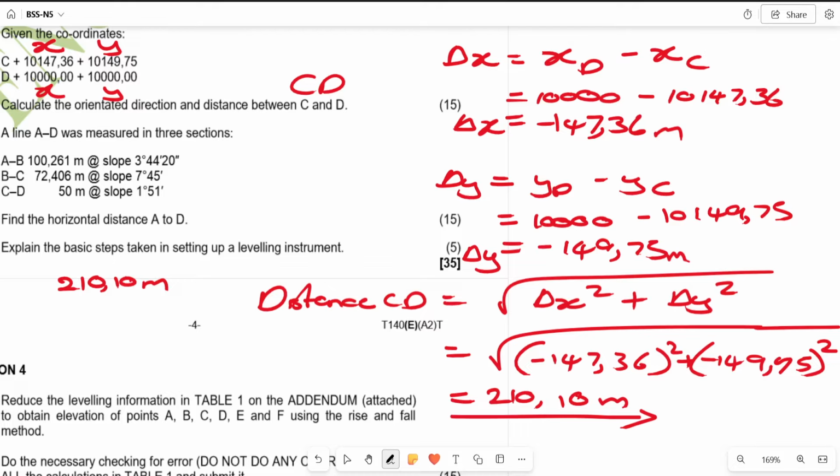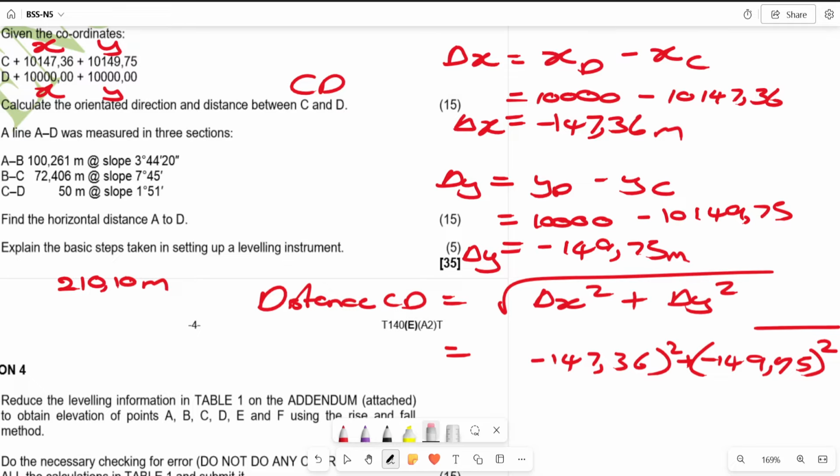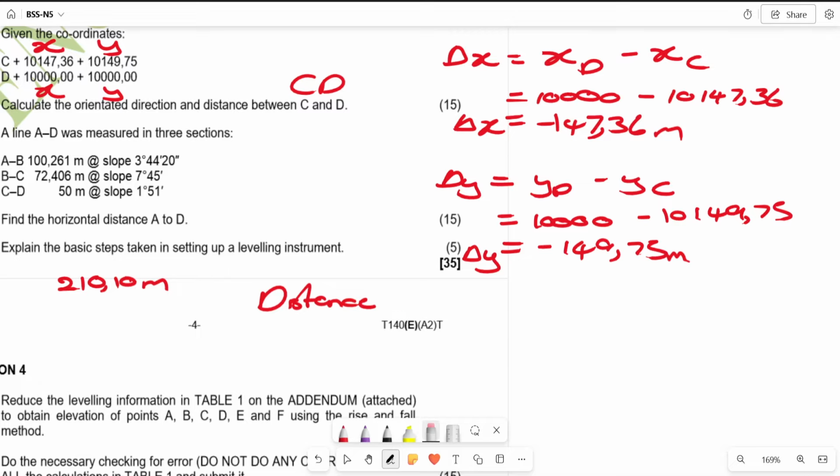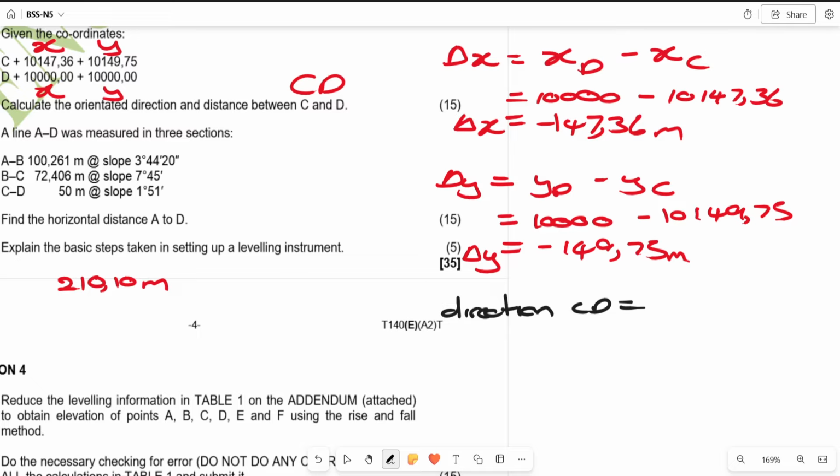That is going to be the distance, and we don't stop there. Now, what we need to do is to calculate the direction. And this is like grade 10, how you deal with vectors in grade 10. Very easy. Okay, let's go and find out our direction. Now, to find our direction, direction CD is equal to, we will say shift tan.